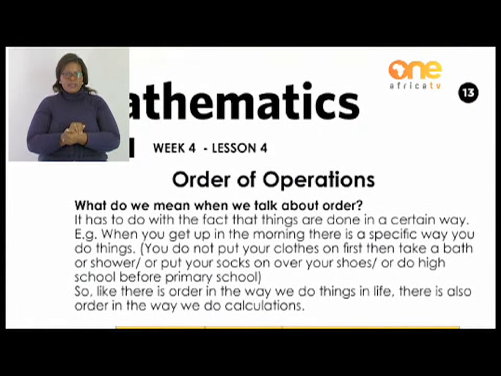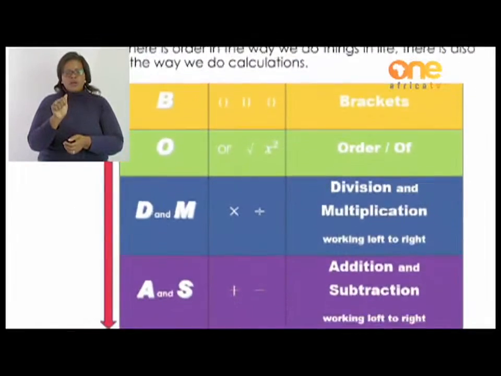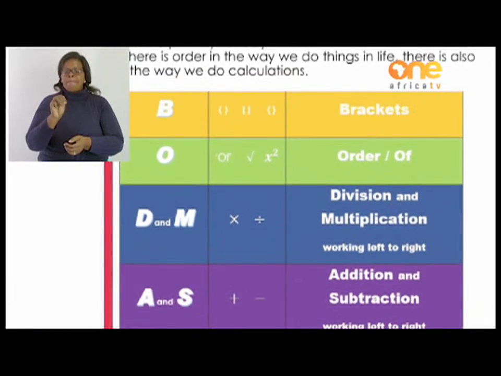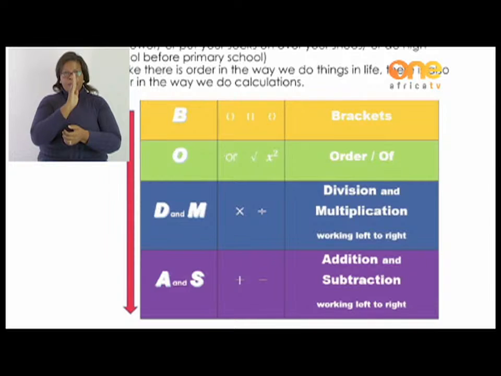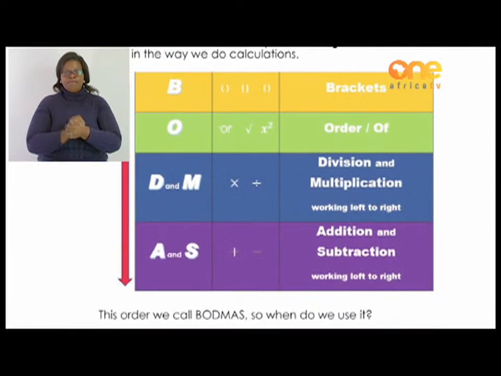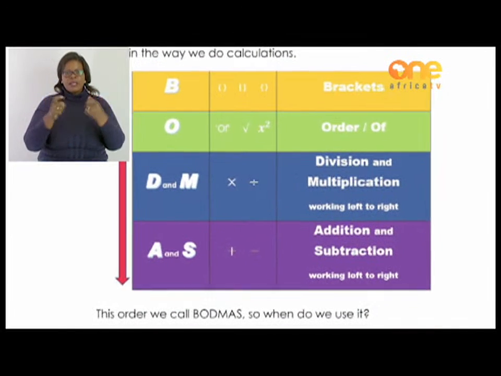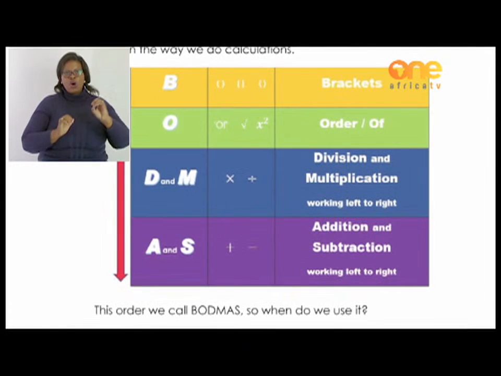The order of calculations, or the order of operations, is called BODMAS. BODMAS is an abbreviation for the following. The B in BODMAS is for brackets. The O is for order or of.